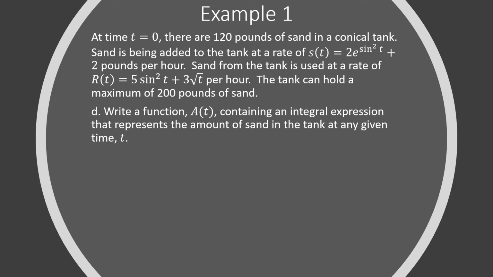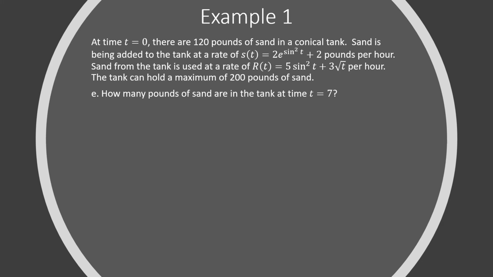So when I do my expression for A of t, I'm going to start with that 120 pounds of sand, and then add on the integral from 0 to t of S of t, because that's telling me how much I'm adding to the tank, and then subtract off how much we're using. So from 0 to t, r of t, I need to subtract that off. And this would be my expression to figure out how much sand is actually in the tank at any given time.